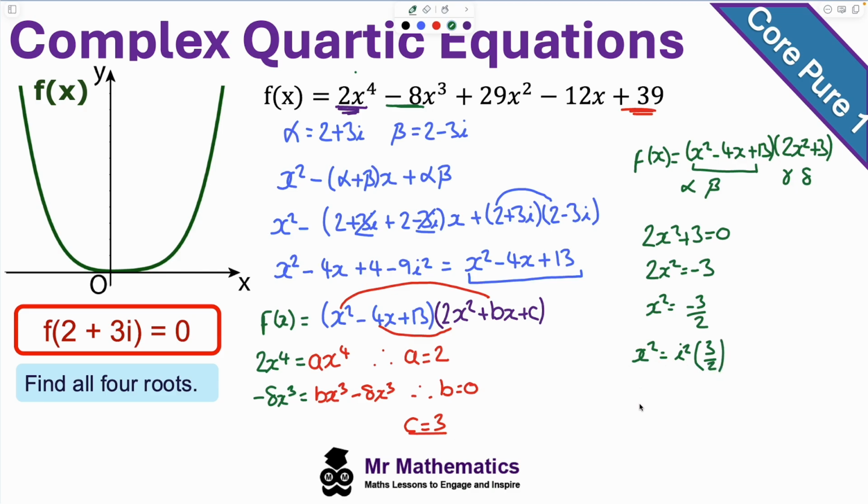We'll take the square root, so x must equal plus or minus root 3 over 2 times i. So all four of the roots, alpha is 2 plus 3i, beta 2 minus 3i, gamma must be positive root 3 over 2 i, and delta minus root 3 over 2 i.